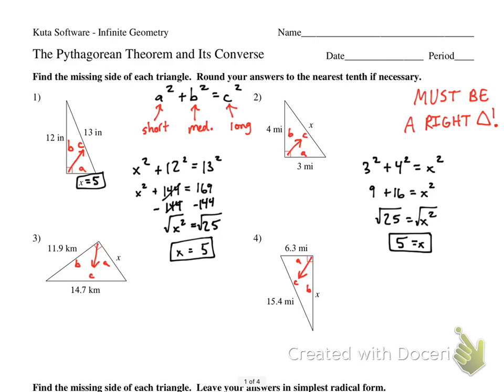A 3, 4, 5 is probably the most common Pythagorean triple you'll see. And multiples of this also work. So if I changed this to 6 and this to 8, then that would change my hypotenuse to 10. Because notice it's still just a 3, 4, 5. I just multiplied it by 2. So it works out that way also.